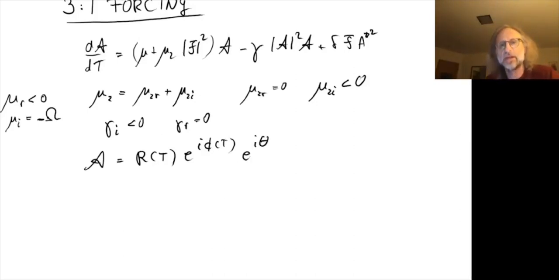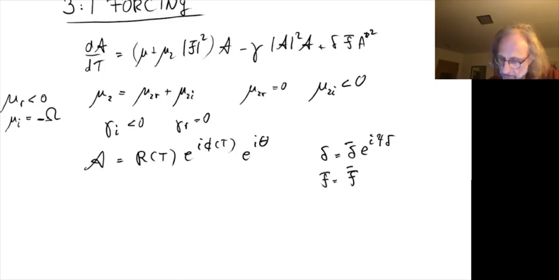And we'll pick the theta to absorb the argument of delta and f. So let's say if delta was a delta bar times e to the i psi delta, and f was an f bar e to the i psi f, then we can pick theta to absorb both of these angles.